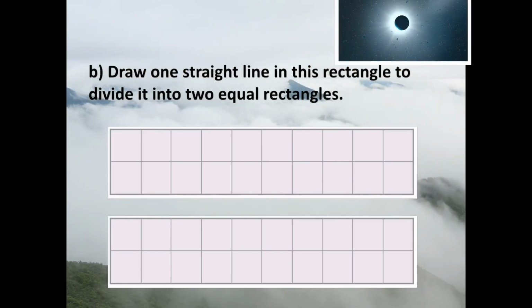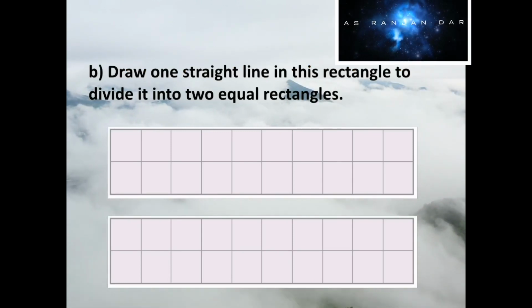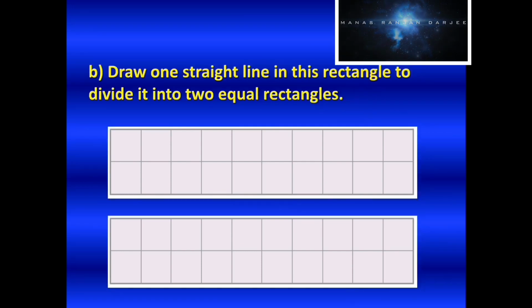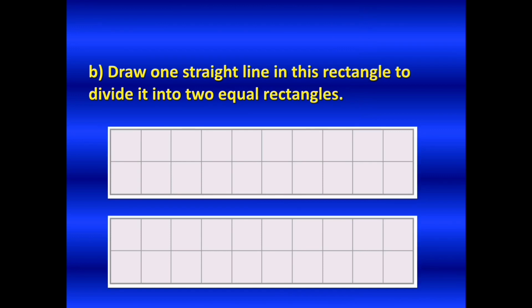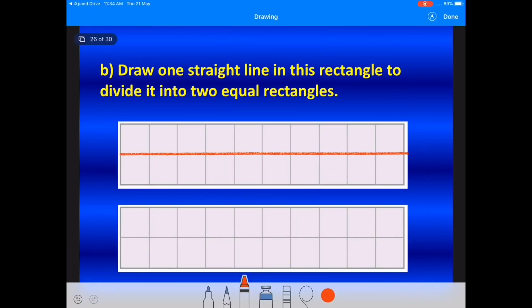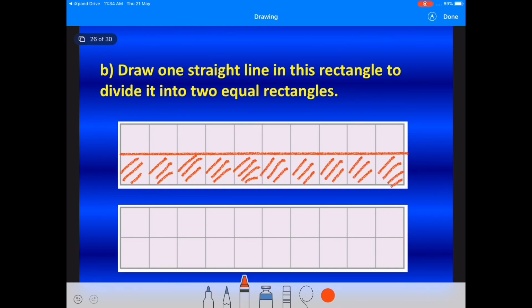Draw one straight line in this rectangle to divide it into 2 equal rectangles. We can divide the rectangle into 2 equal rectangles like this, or like this.